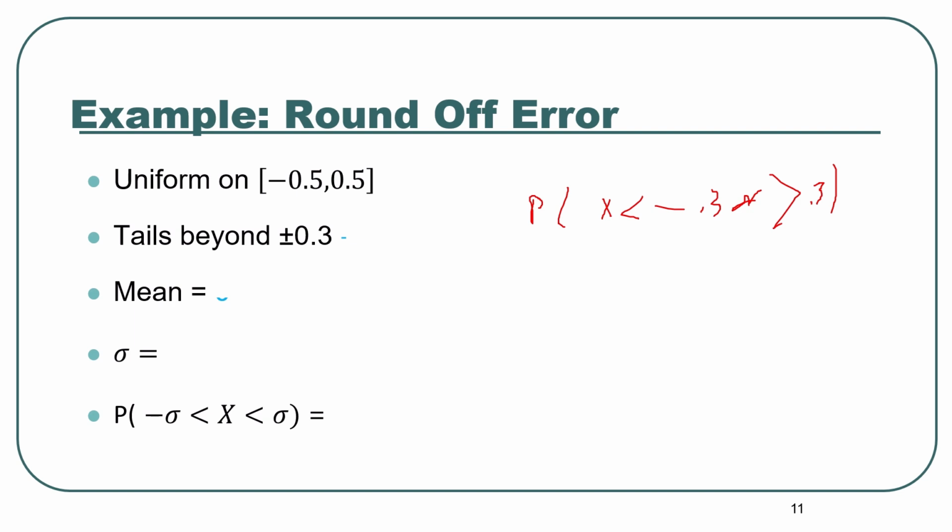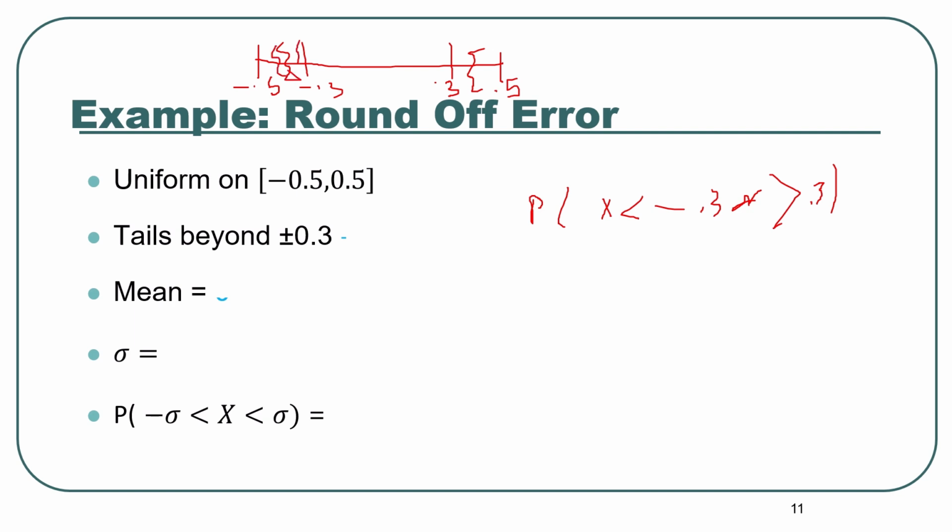If this is the whole range of my uniform distribution, and this is 0.3 and this is minus 0.3, I am interested in the area that exceeds 0.3 or is less than minus 0.3.